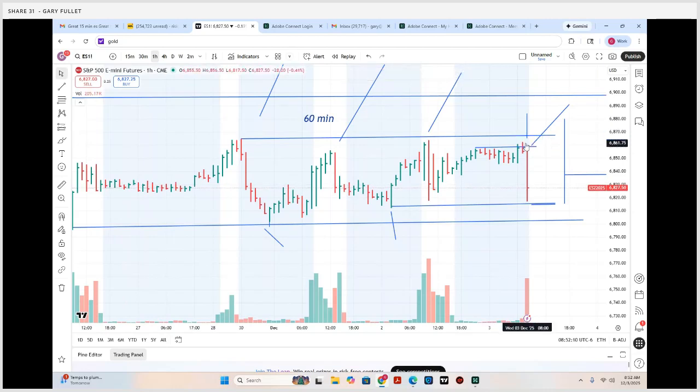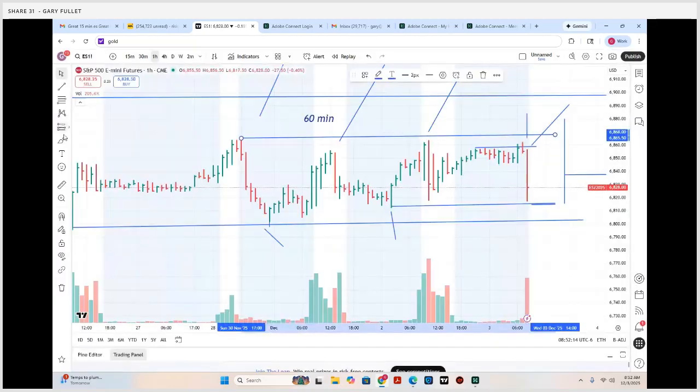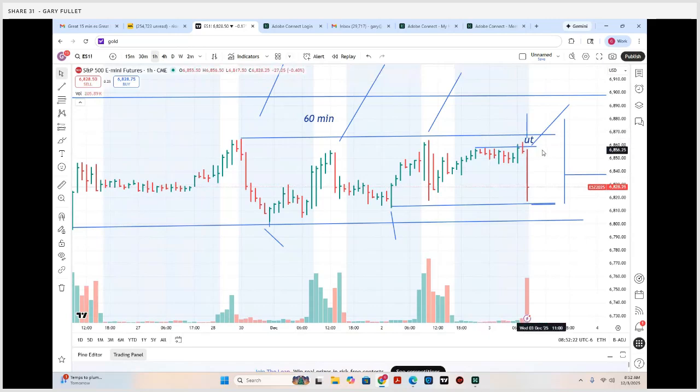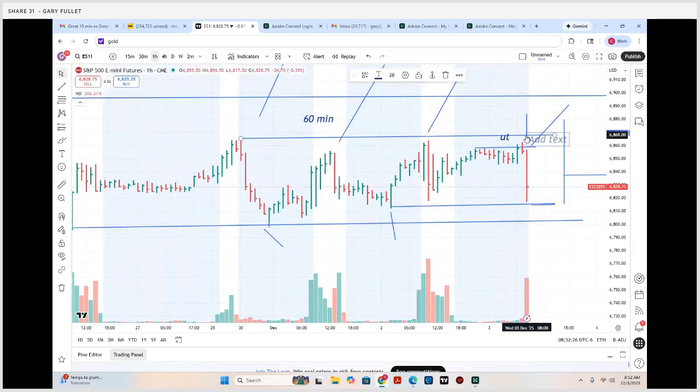So this upthrust is proper. It's an upthrust. And it's also SOT, coming from selling.